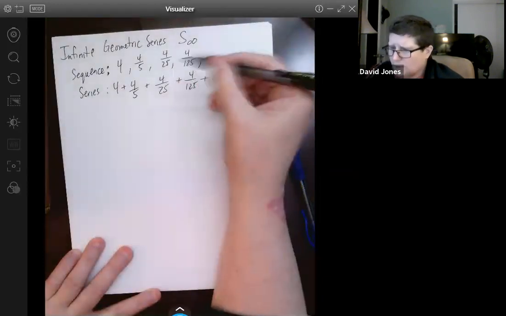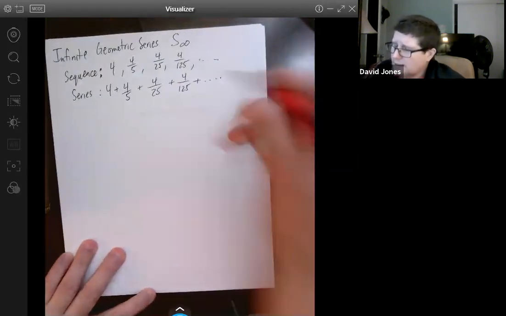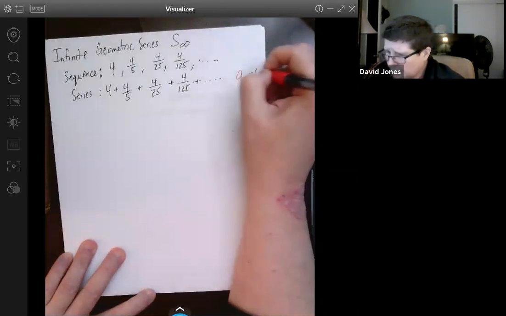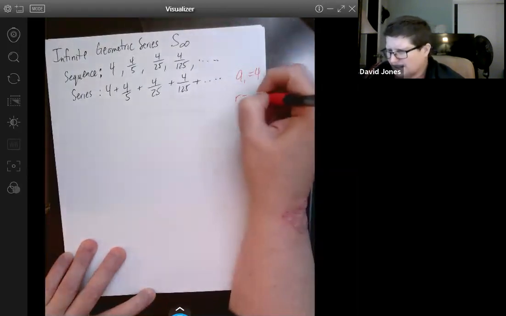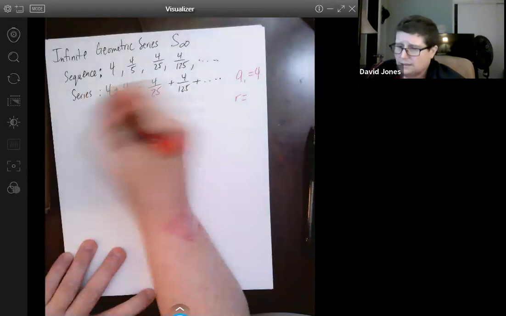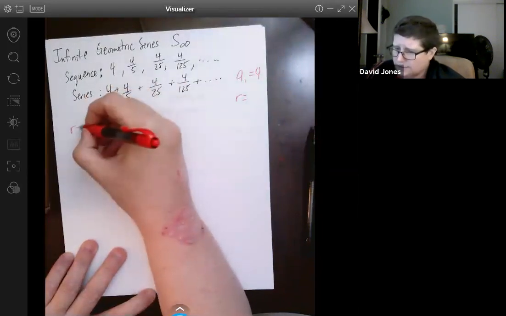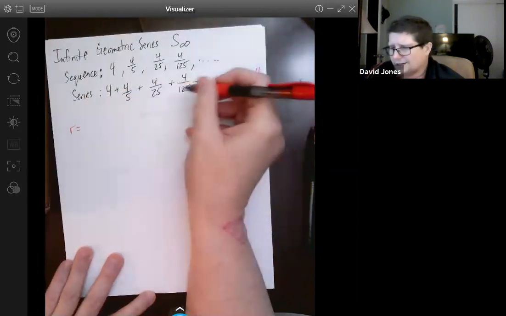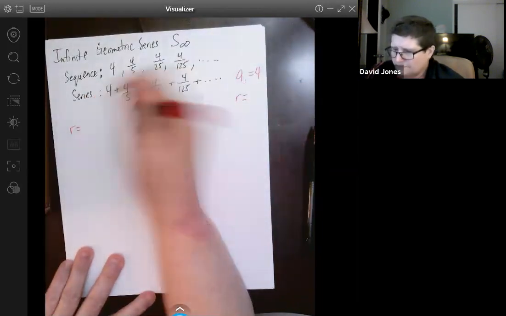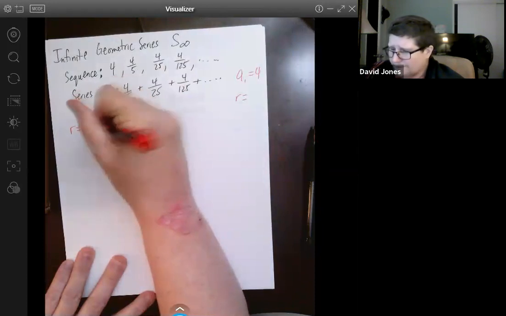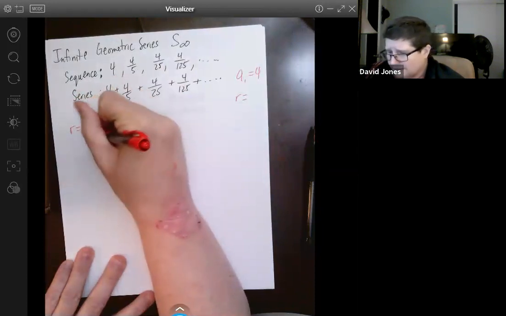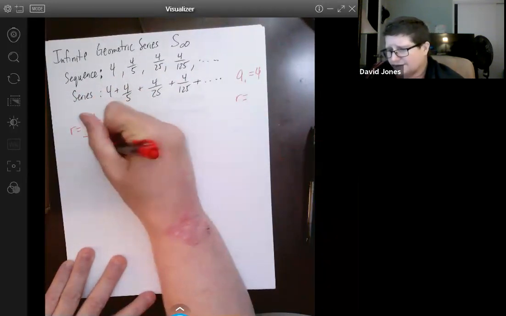What's my a1? a1 is 4. What's r? Let's just do 2 consecutive terms. r equals, I'm going to use the later terms just to remind you of your fractions, 4 over 25 divided by 4 over 5.